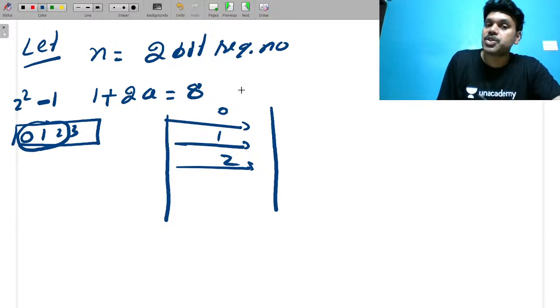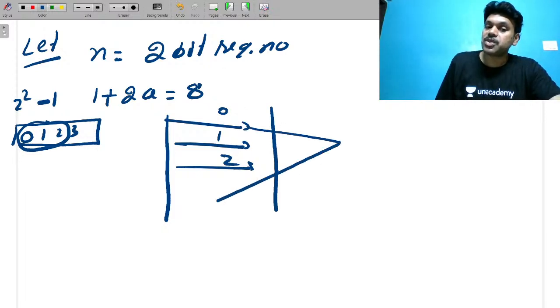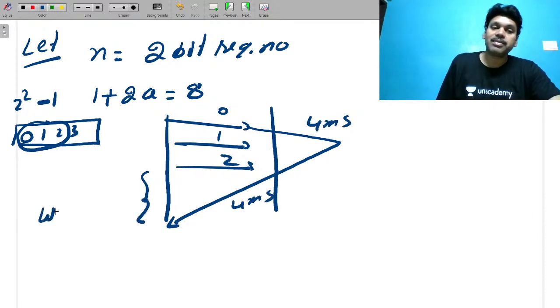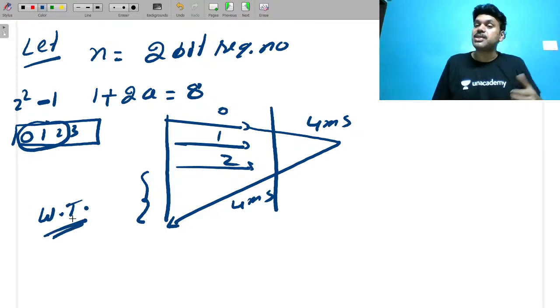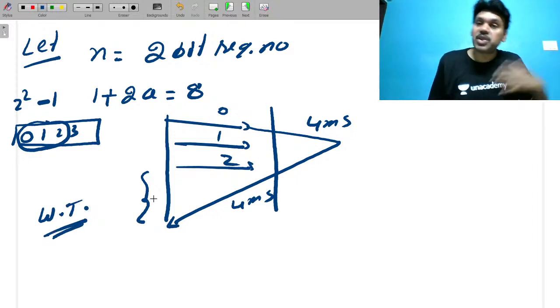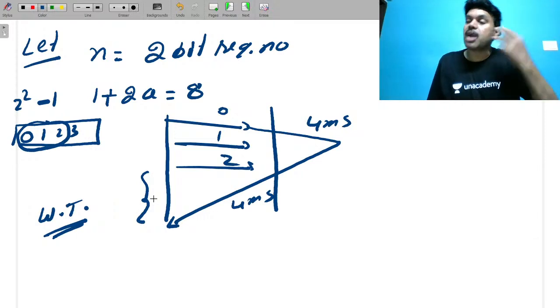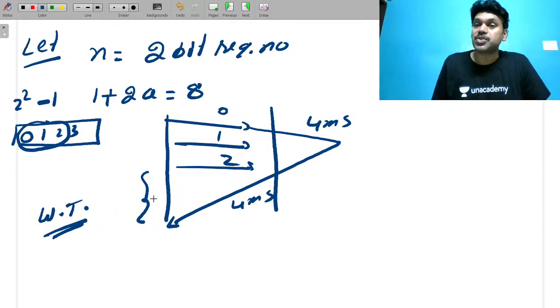But 0 is acknowledged only after 4 ms this side and 4 ms that side. So the remaining time is waiting time. Why? I don't have a frame sequence number to push. Even though I want to send frames, no numbers are allocated. That's why you cannot insert the frames to send.